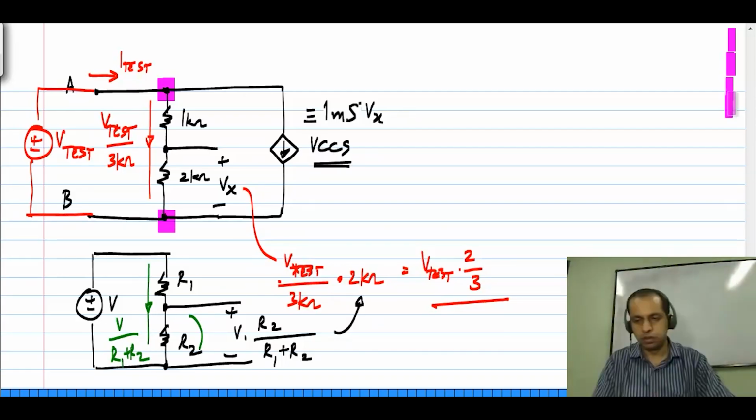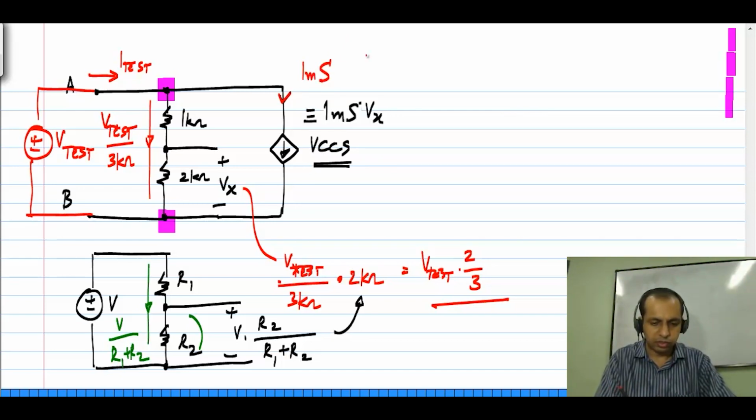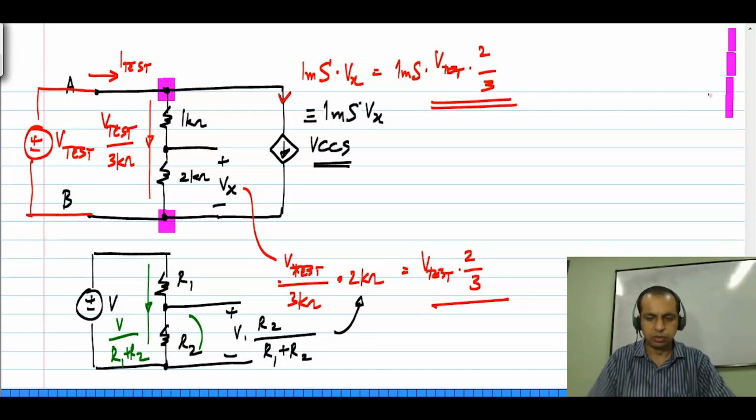Okay. Then this controlled current source draws a current which is basically 1 millisiemens times Vx, which is 1 millisiemens times V-test times 2 by 3. So all I did was to substitute the value of Vx in this place.